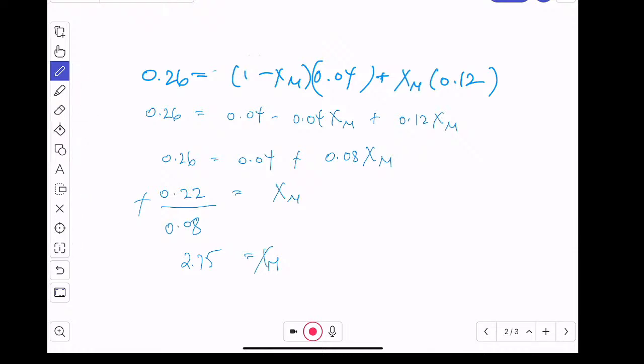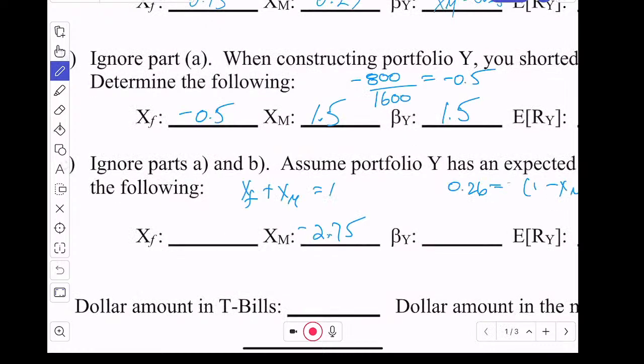Anyway, this is really high. So it's 2.75 for the market portfolio's weight. And so that means XF is 1 minus 2.75, which is a negative.